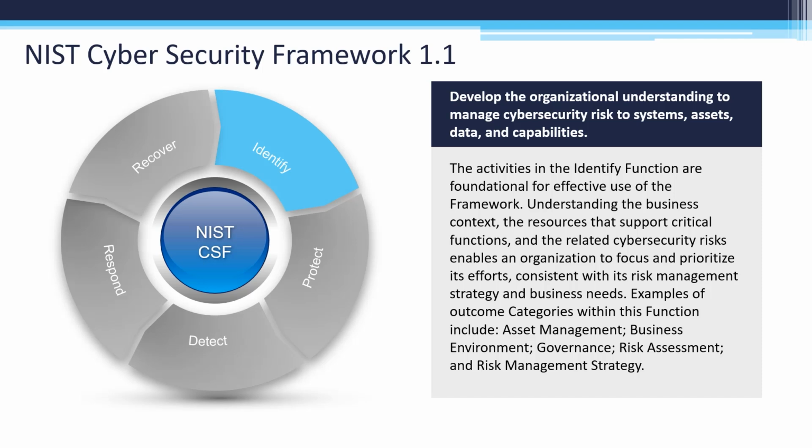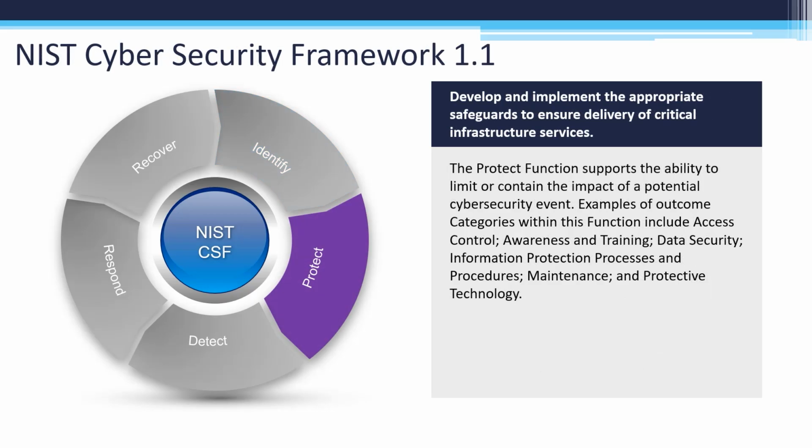Understanding the business context, the resources that support critical functions, and the related cybersecurity risks enables an organization to focus and prioritize its efforts consistent with its risk management strategy and business needs. Examples of outcome categories within this function include asset management, business environment, governance, risk assessment, and risk management strategy. If we don't do the asset management identification function adequately, everything else falls flat.